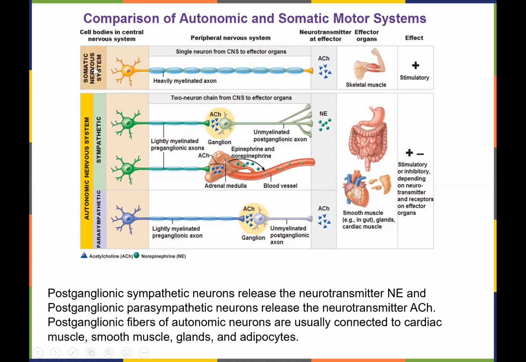See, when we studied AP1 and went over the somatic nervous system, you remember this structure of the neuron, right? The cell body with all the dendrites, and we studied this long axon, which is heavily myelinated so that it can speed up the action potential.